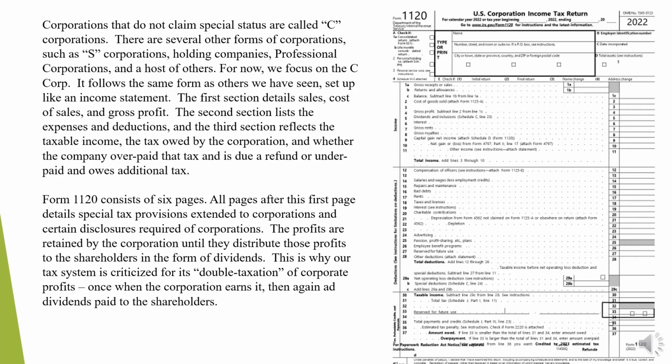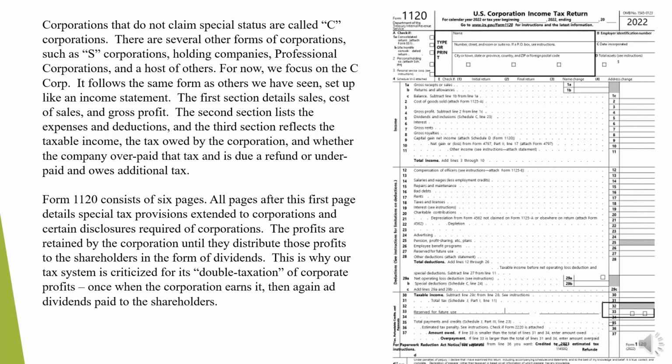It calculates its own income and taxes, and it doesn't flow this income through to its shareholders. Rather, the shareholders derive income from the corporation when they declare a dividend.